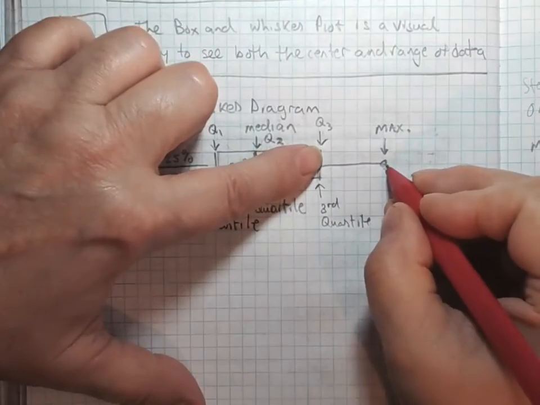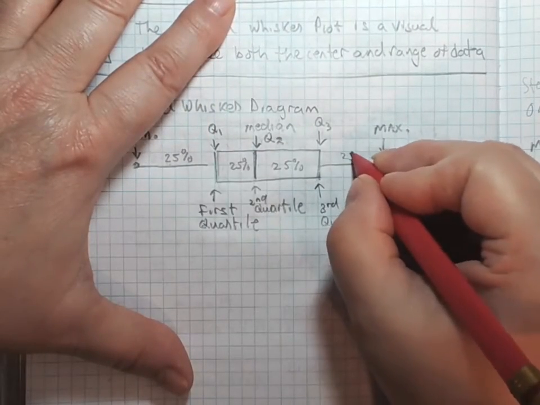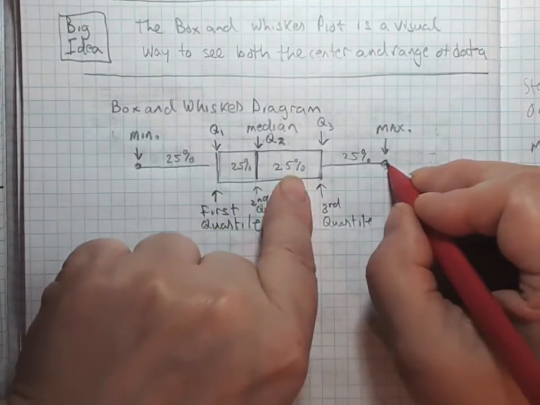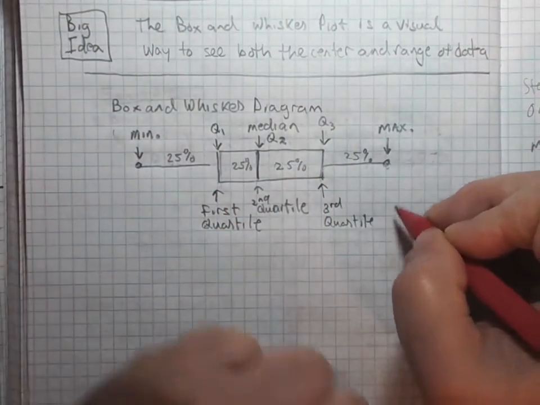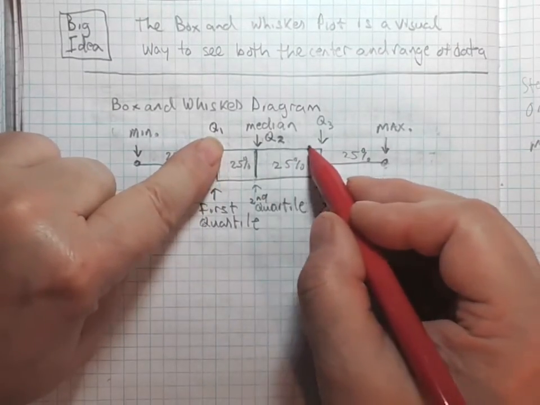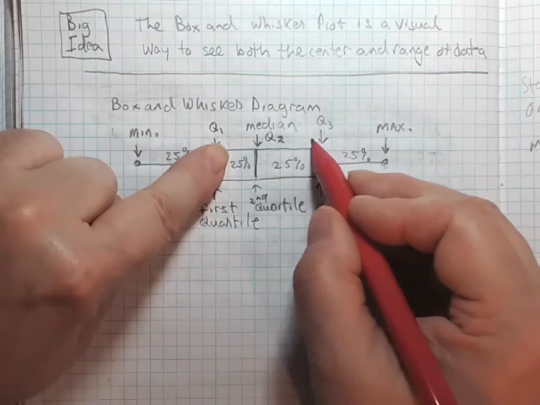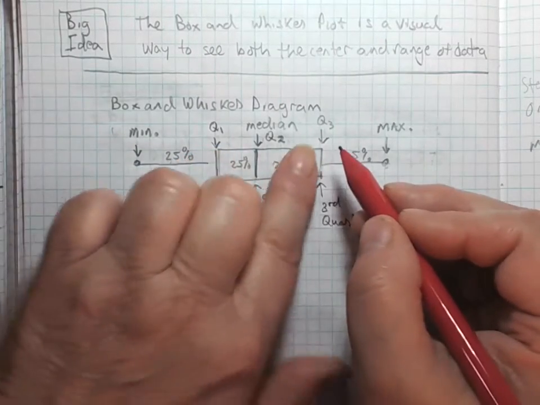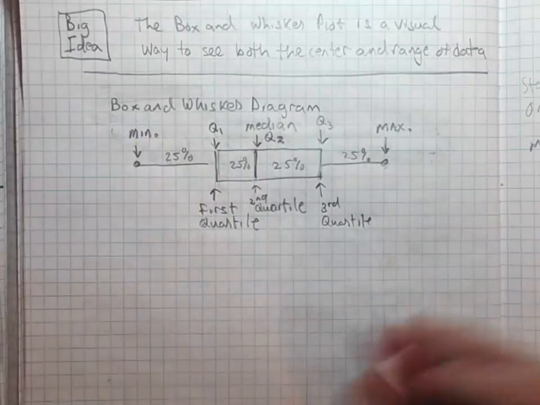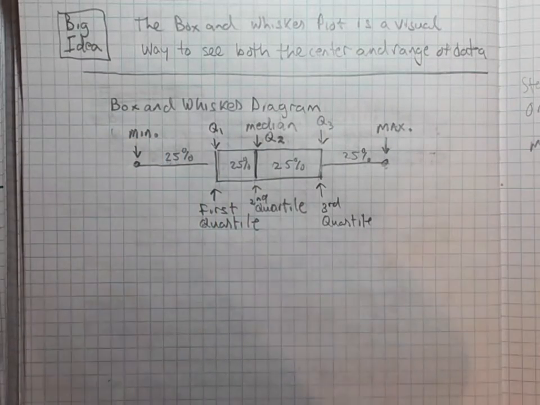And the last quarter of your data is defined by the maximum point, in this region. So the data in this box, 50% of your data, falls within this range of values. You could say 75% falls below in this region.